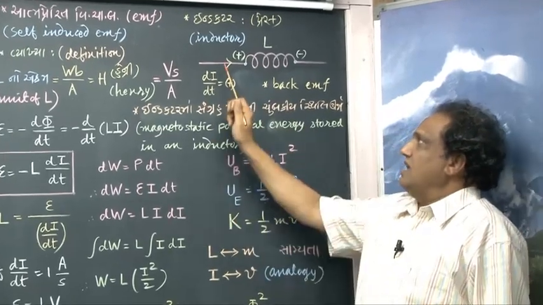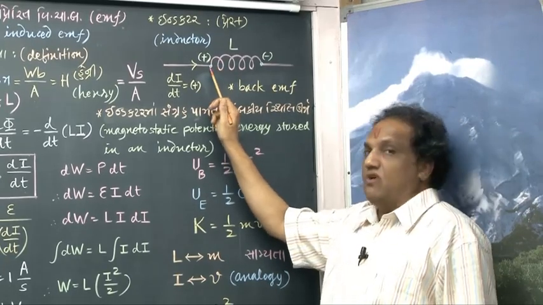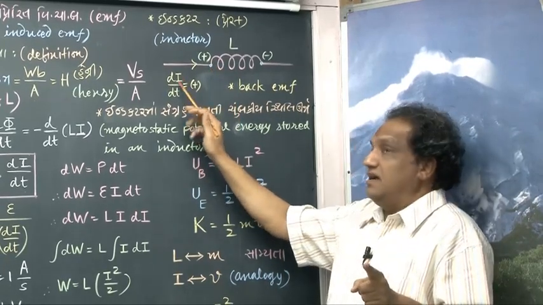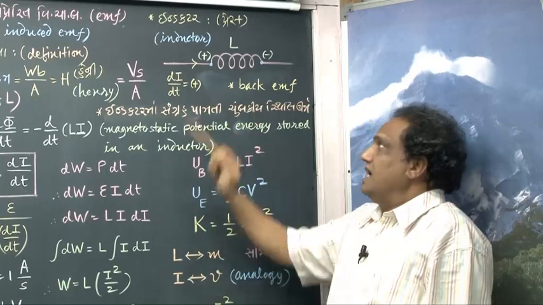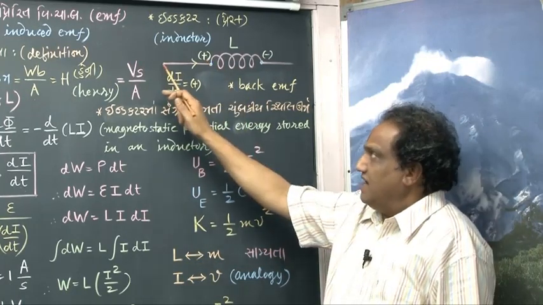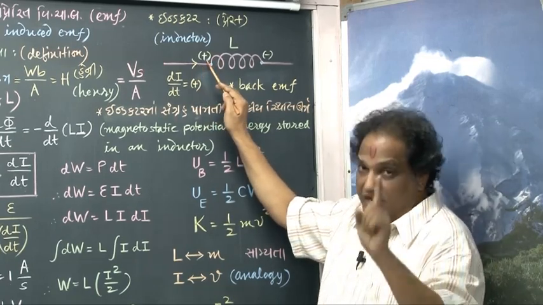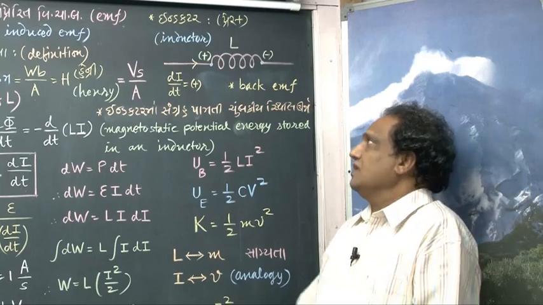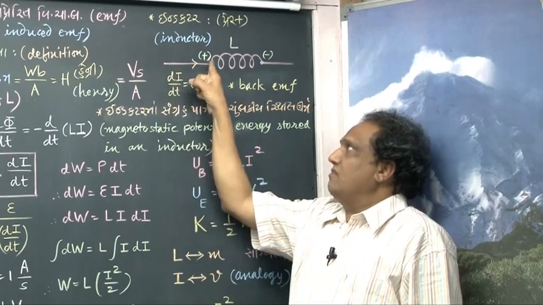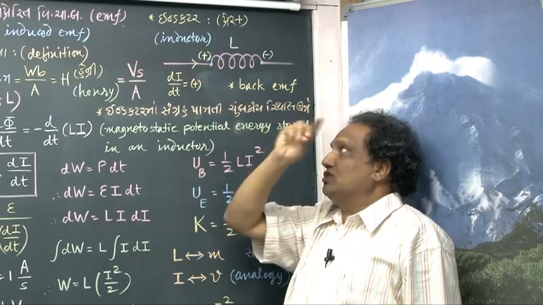So mind well, if current passing through the inductor is entering from one end, and if that current is increasing with time, then that particular end will become positive. If the entering current decreases with time, then this end will become negative. I repeat, if current entering from here is increasing with time, then this end will become positive.